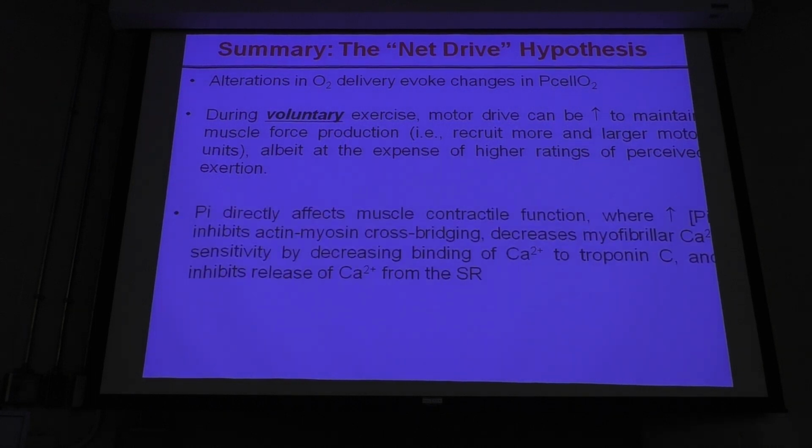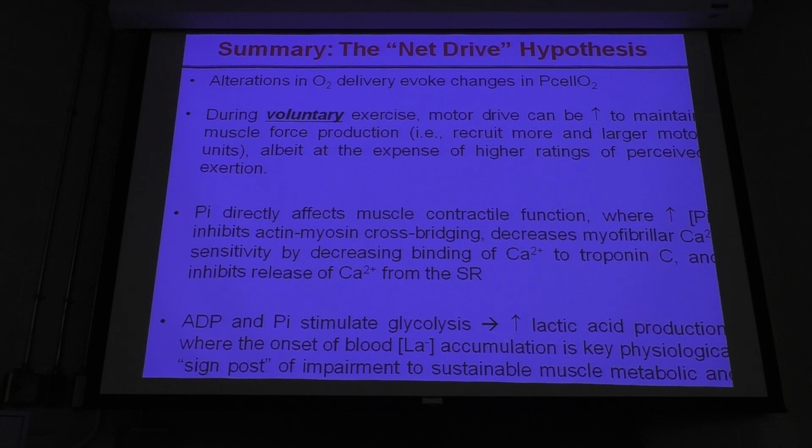Inorganic phosphate directly affects muscle contractile function through the various mechanisms that we talked about. Compromising myofibril calcium sensitivity, various other factors. So we would like to restrain the extent to which inorganic phosphate accumulates in the muscle.